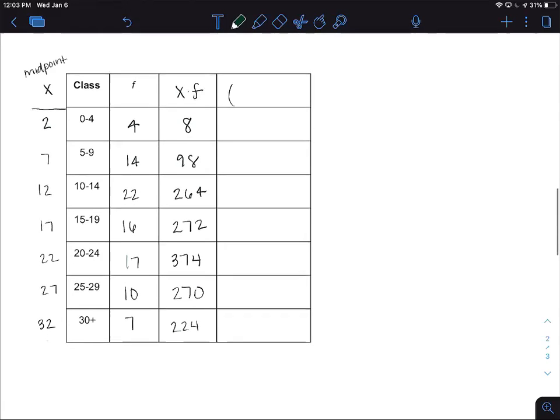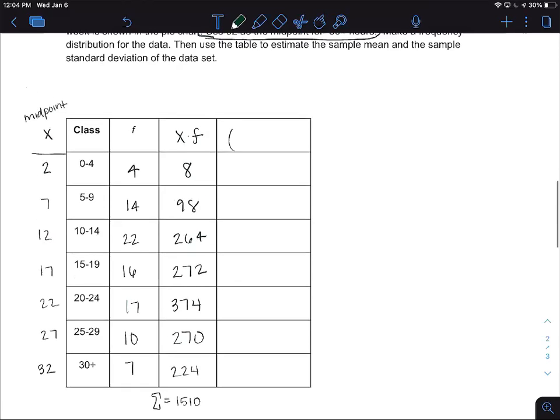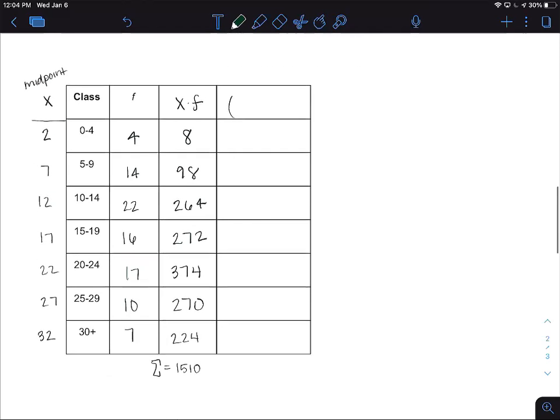Oh, first we need to actually find the mean. So now add these all up. You get 1510. And then to find that mean, I believe this was a sample. Yep, sample. So we're going to have x bar equals 1510.